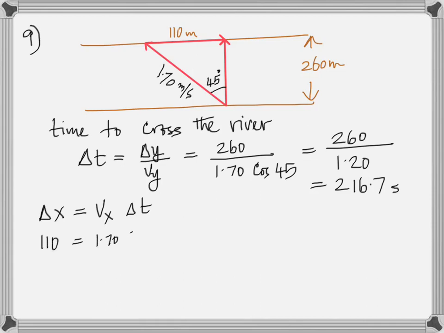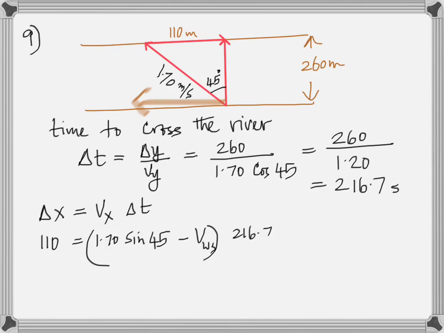Now, considering the x-axis, it's given that it's 110 meters away. And now the velocity, you've got to be careful here. Now the velocity is 1.70 meters per second, which is this way.